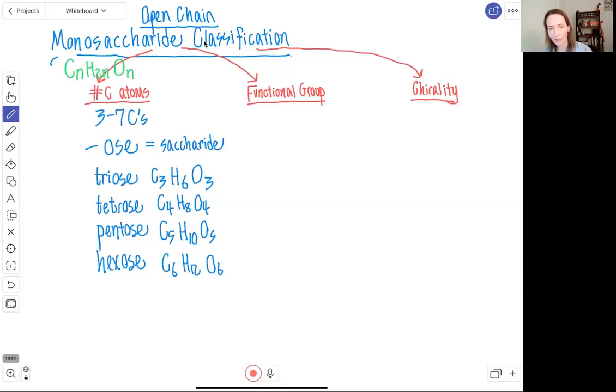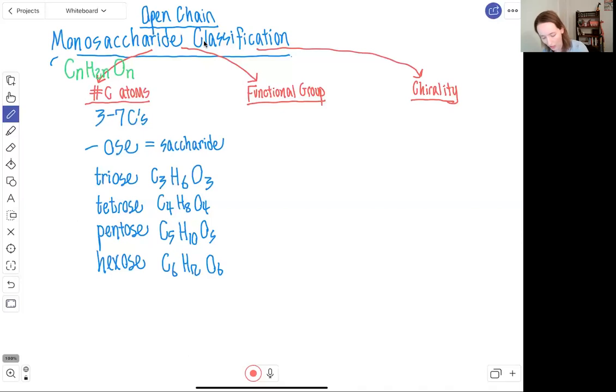We can also classify them based on the functional group. The open chains of these functional groups generally have either an aldehyde group or a ketone group present in them. And so if the open chain form has an aldehyde group, we refer to the structure as an aldose to classify it. If it has a ketone functional group in the open chain, we refer to it as a ketose.